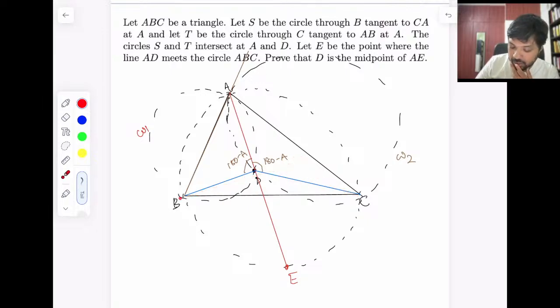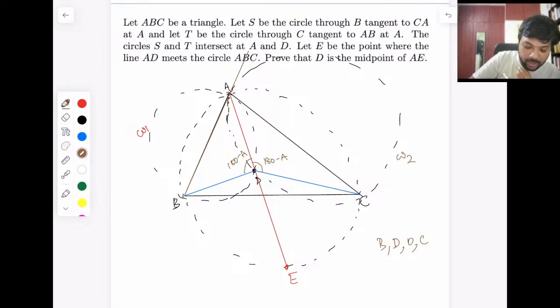Certainly B, D, O, C are concyclic, that we can tell. O is the circumcenter of ABC. I might be wrong, so you guys should talk and tell me if I'm wrong and just correct me. I think this is correct up to now. Alternate segment. So can we say something?